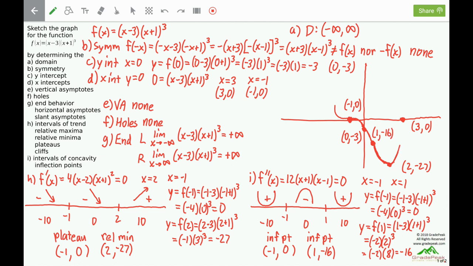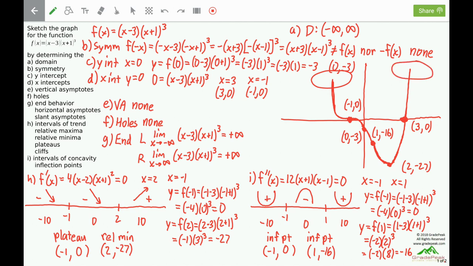Now we can put in the remainder of the graph. This passes through this point. And it does end up at positive infinity on the right end, as it should. And we'll finish it off over here. And we actually have it ending up at positive infinity on the left end as well.